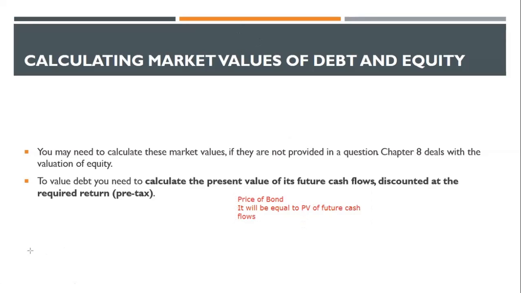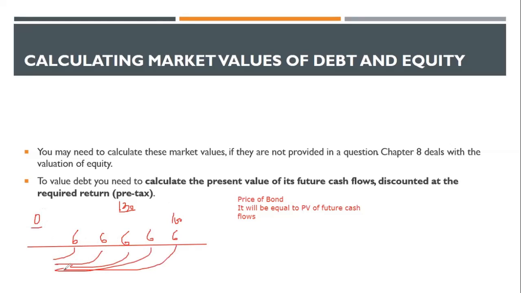Let's suppose that you have a bond and that bond is expected to give $6 here, $6 here, $6 here, $6 here, $6 here, plus 100 back. So the bond is actually giving 130: 6 times 5 plus 100. But it does not give 130 today. So this is today, time 0. You have to discount all these cash flows. And when you discount all these cash flows with your discount rate, with your WACC, it comes out to be 98.